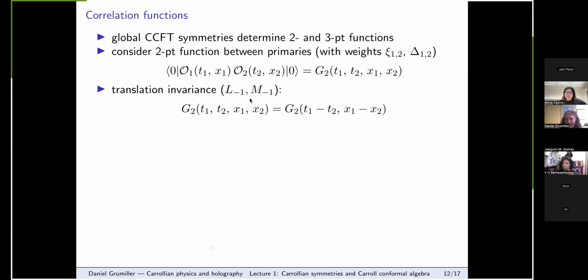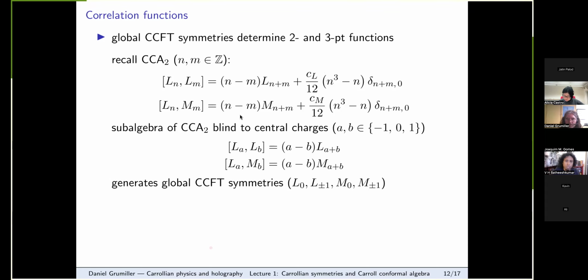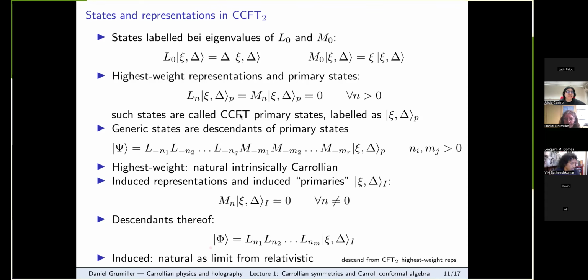Now, Daniel? Yes. Sorry, there's a question. Sure. I think it was for the weights that you mentioned before. I guess the highest weights, they are asking if the weights are integers. They don't have to be. Typically, they are rational. But well, there are also many instances where they are integer. But they don't have to be integer.